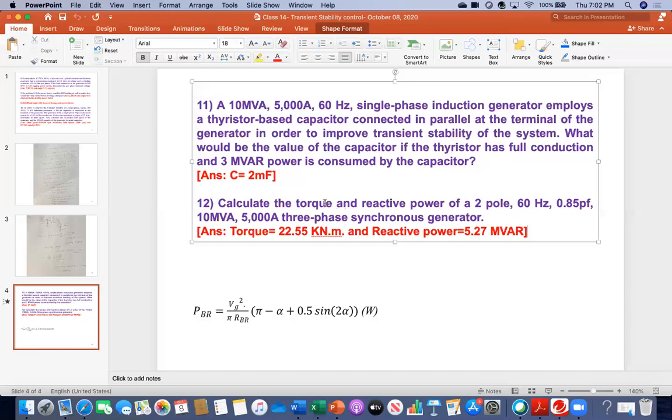So that's your torque. Torque is power over omega. Then you should be getting this value in kilonewton meter. And reactive power is 10 MVA multiplied by sine theta. Your power factor 0.85 is your cosine theta value. From there, you calculate the corresponding sine theta, and that sine theta multiplied by 10 MVA is your reactive power. That's all.